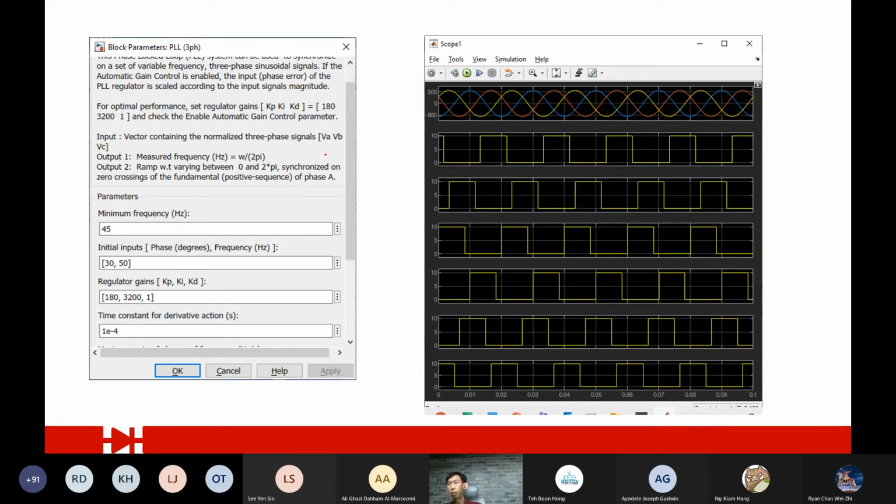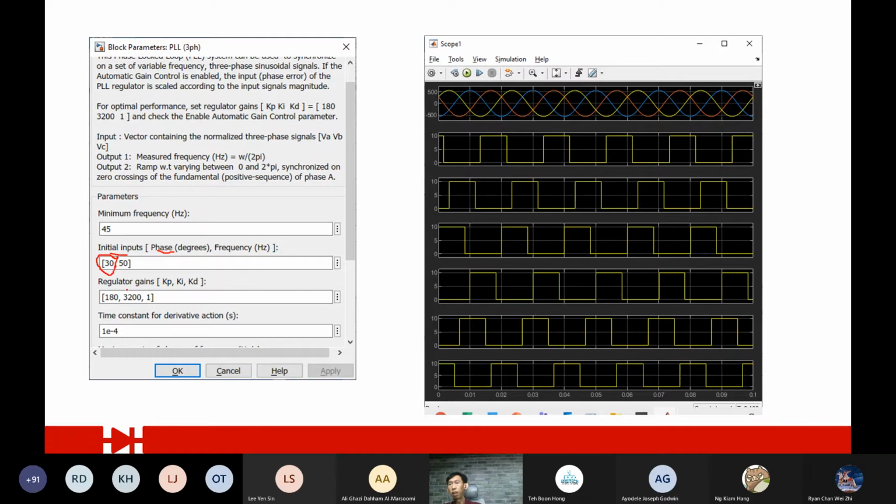Now come to the PLL. If everything is correct, this will be your 3-phase sine wave, and this will be the output pulse of the thyristor generator. You will notice there is one thing you need to change, the initial input, which is the phase angle. You need to change this to 30.